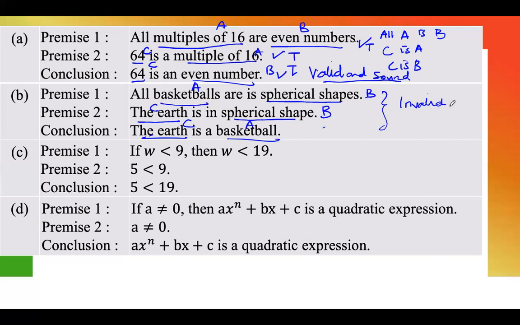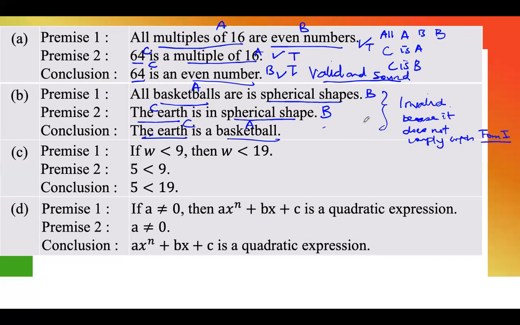Why? Because premise 2 and conclusion don't follow type 1. Because it does not comply with form 1 or type 1.